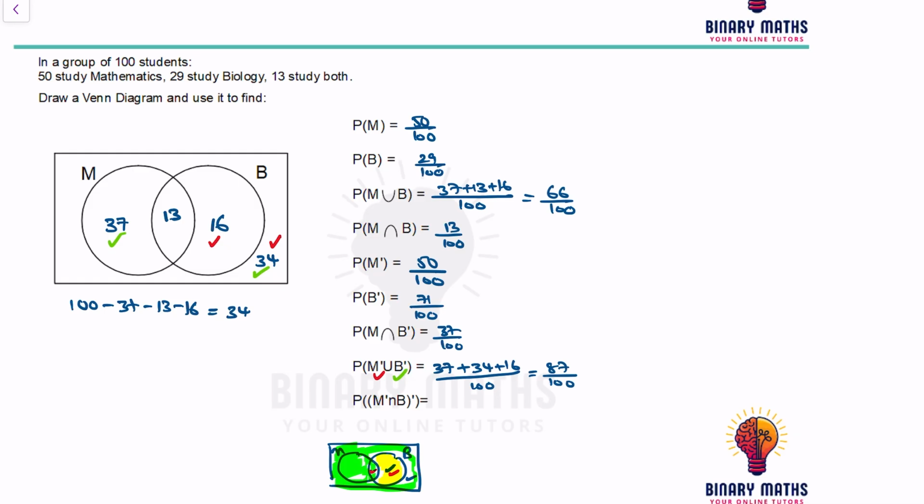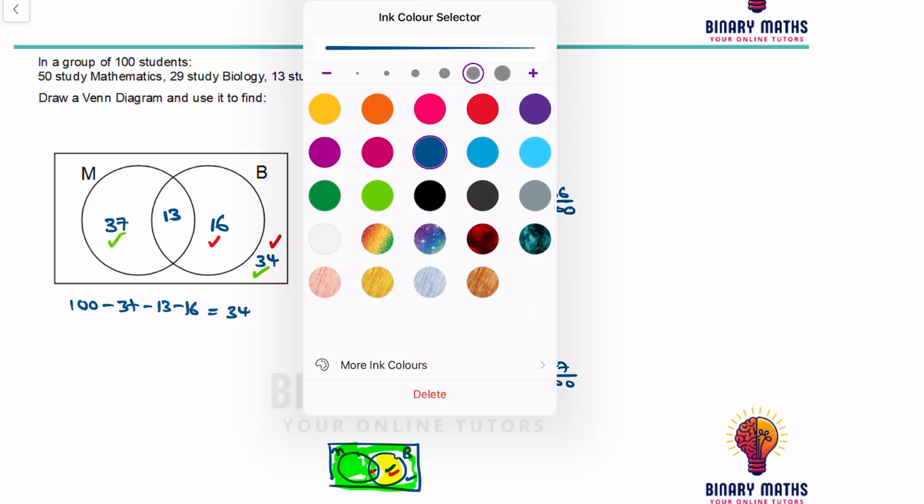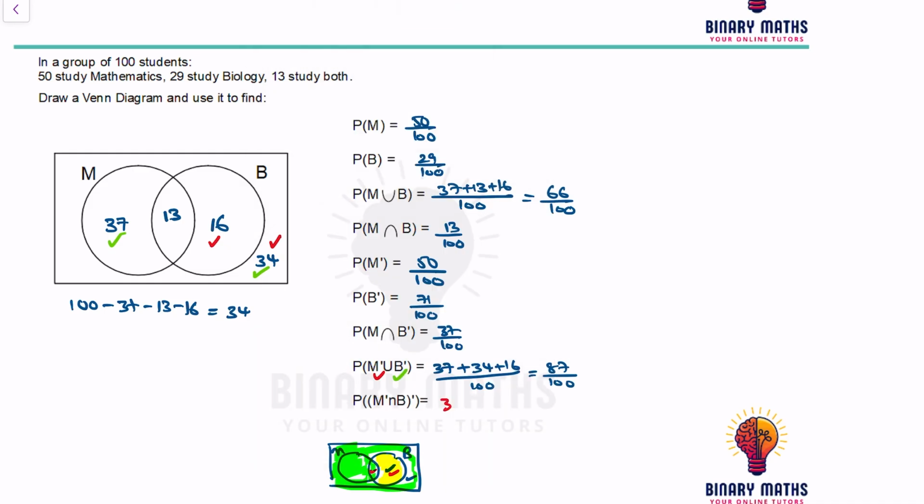So that is 37, oops, undo, let me just use blue, which is 37 plus 13 plus the 34 over 100, which is equal to 84 out of 100. So it always helps to draw a diagram and try to figure out which part you want.